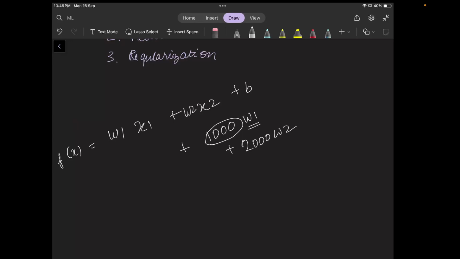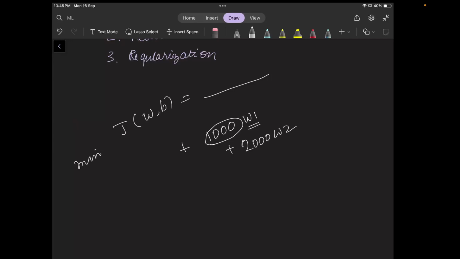So I am introducing this 1000 w1 in the cost function. So there would be some loss function. So let's just say that we have the cost function j of w and b. I already have that expression, and to that I am adding this, and I will have to minimize the cost function. So to minimize this, I am adding this 1000 w1.